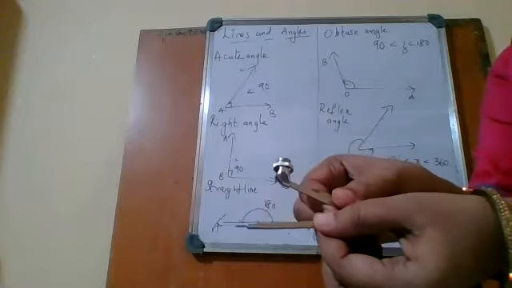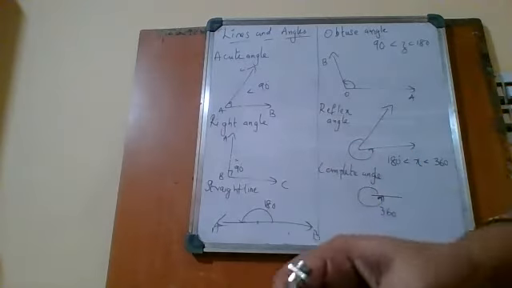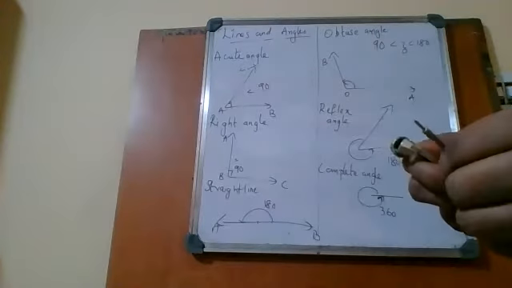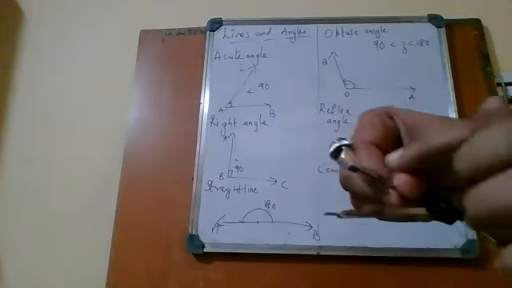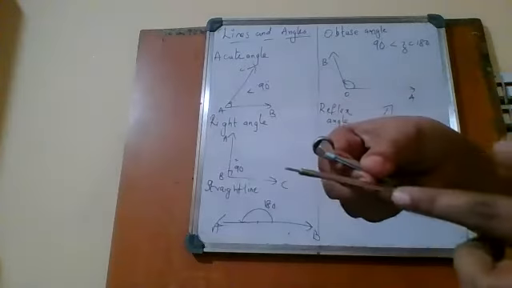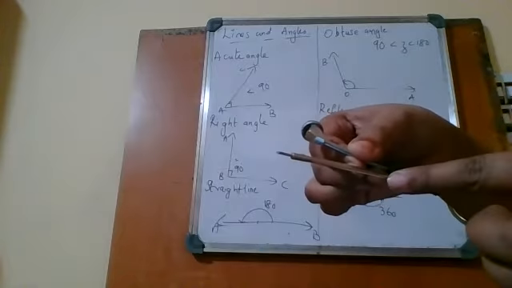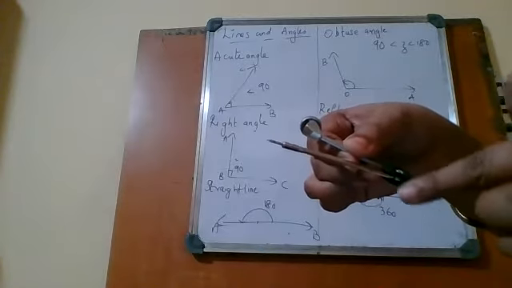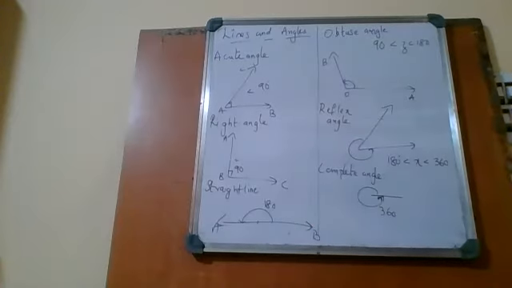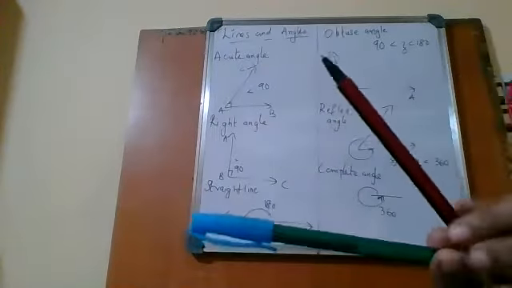Now inside these two rays, the angle formed is 90 degrees. From here outside, the angle more than 180 degrees is called a reflex angle. Once again, I am showing you the reflex angle, because many students get confused with it.